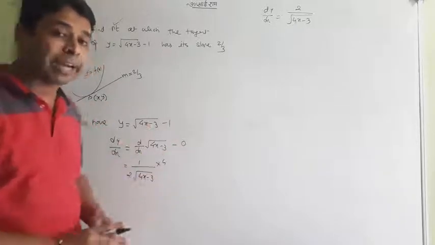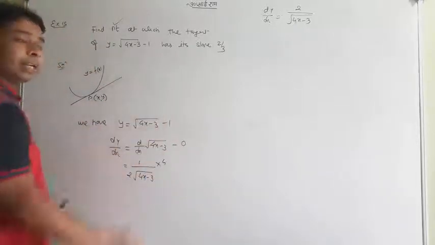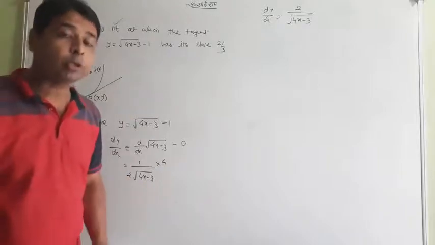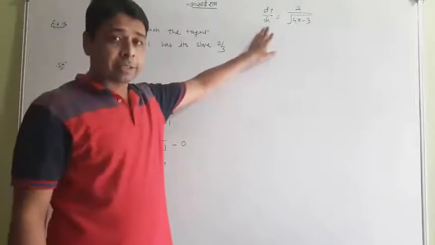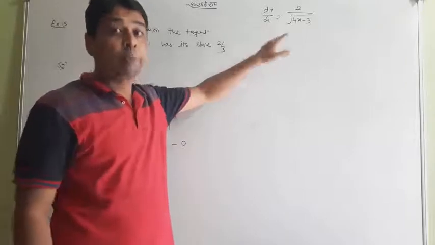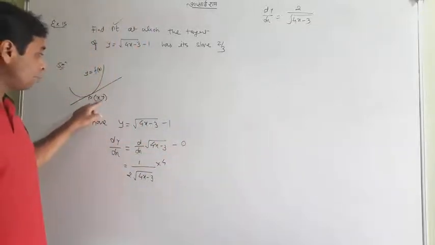Okay, I'll say it again. Suppose the slope is not given, and I ask you what the slope is, so what to do? You find dy by dx, which you have already found. Now put x equal to this and y equal to this.